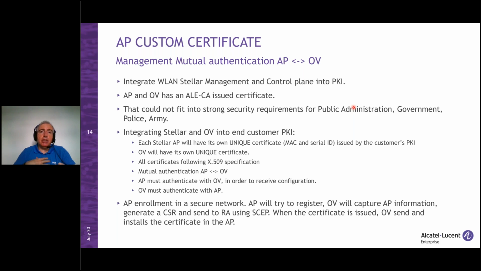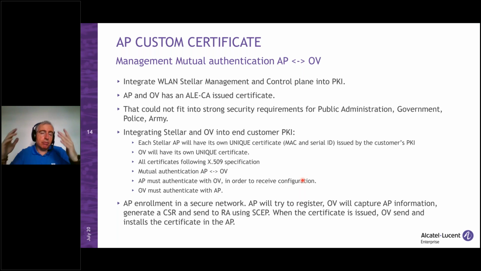OmniVista, with its new certificate coming from the PKI, will gather all the information from the APs still using the legacy or the Ali CA certificate, and upon the administration request, will send this information to the registration agency, the RA, which is one of the parts of the PKI of the customer. And then using SCEP, we will generate the certificates and they will be delivered to the OmniVista. And then OmniVista will install these certificates in the APs.